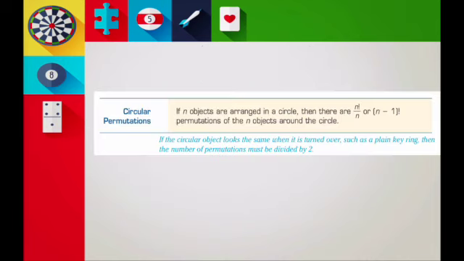So that gets us this formula. If n objects are arranged in a circle, then there are n factorial over n, or n minus 1 factorial, permutations of the n objects around the circle. If the circular object looks the same when it's turned over, such as a plain keyring, then the number of permutations must be divided by 2.